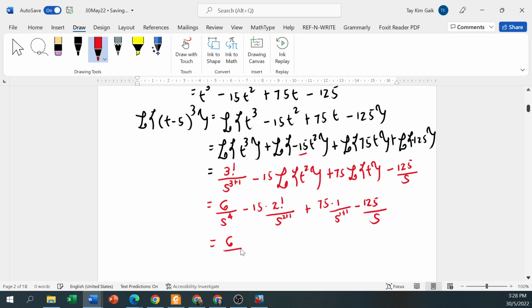So it's 6 over s power 4 minus 2 factorial is 2, so 30 over s cubed plus 75 over s squared minus 125 over s.